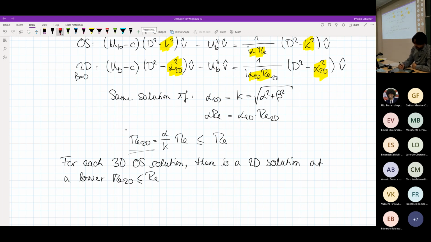And the definition of this lower Reynolds essentially is this one. So that means in practice, if I just want to find out the lowest Reynolds number at which my flow becomes unstable, I know from this very simple consideration that it needs to be a 2D mode that has become unstable. Because if it was 3D, there would be a corresponding solution at a lower Reynolds number. That's what this means.